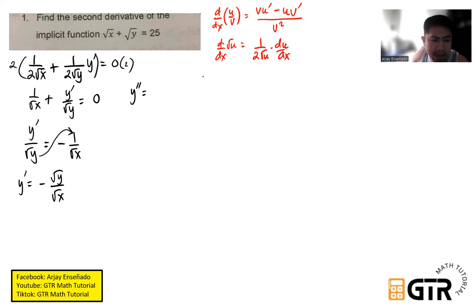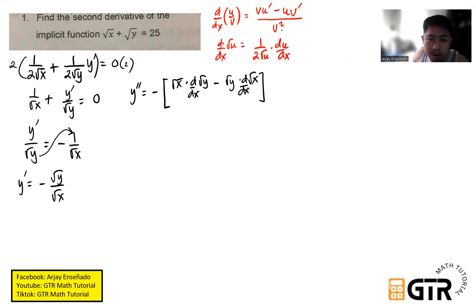So therefore, we have the second derivative. Let's isolate the negative sign, negative, and then apply this. We have the denominator square root of x times the derivative of square root of y with respect to x, minus the square root of y times the derivative of square root of x with respect to x, all over v squared.